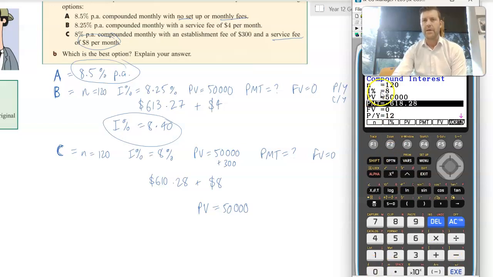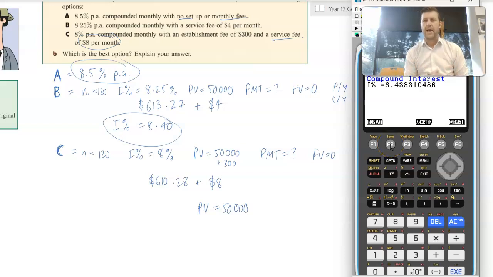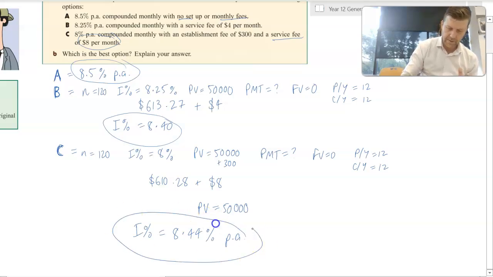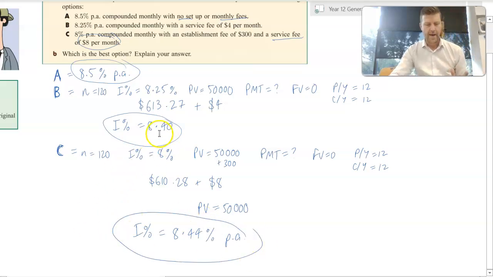Okay, what is the interest rate based on that? And it will tell us approximately 8.44% is the comparison rate. So the comparison rate for Bank C is 8.44% per annum, which is still higher than Bank B.